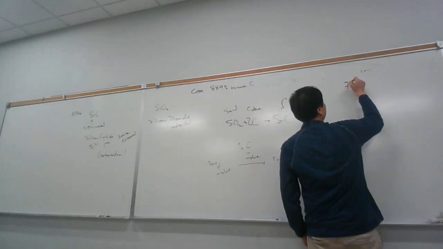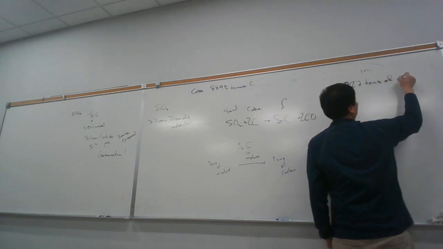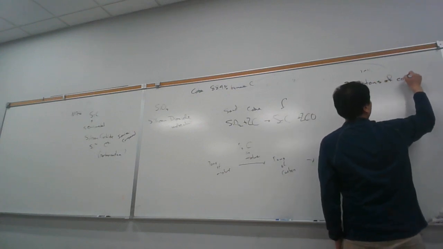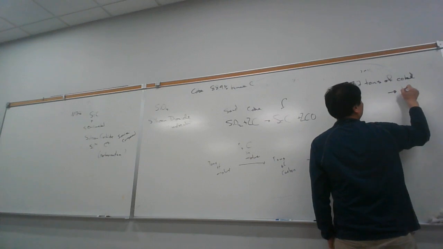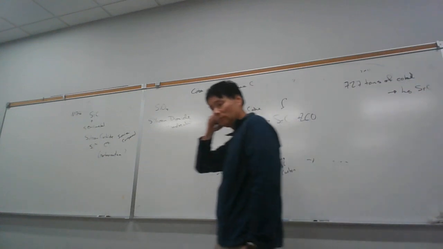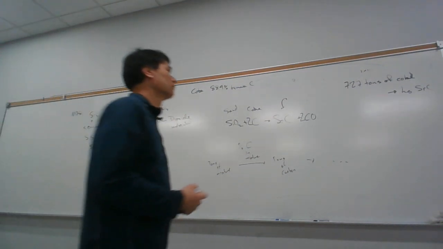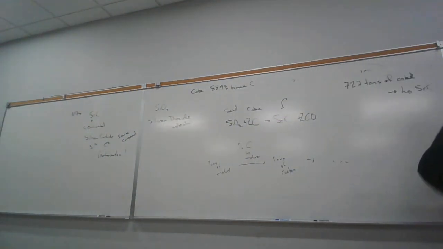So we're going to start off with 727 tons of coke. And then we want to figure out how many tons of silicon carbide we're going to get.